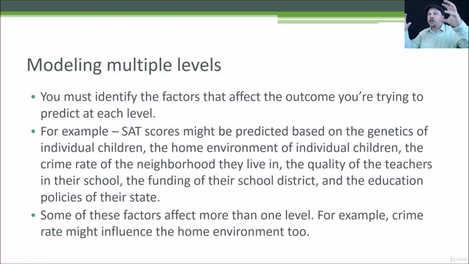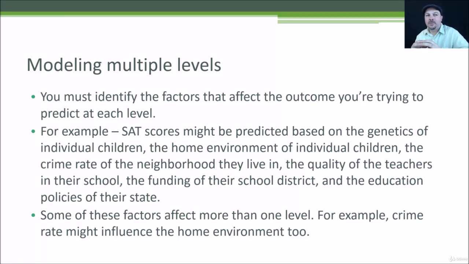And then if you go up another level, look at their home environment, look at their family. What is it about their families that might affect their SAT scores? How much education were they able to offer? Are the parents able to actually tutor the children in the topics that are on the SAT? These are all factors at that second level that might be important. What about their neighborhood? The crime rate of that neighborhood might be important.